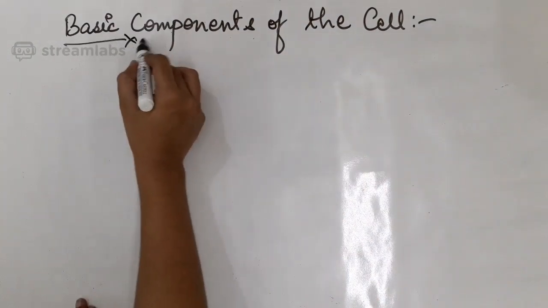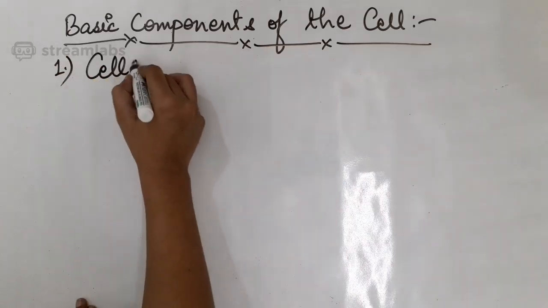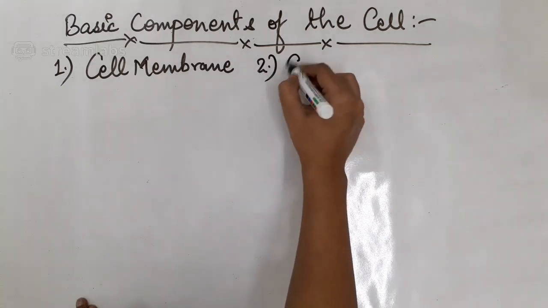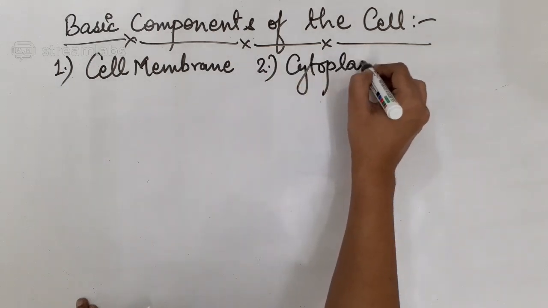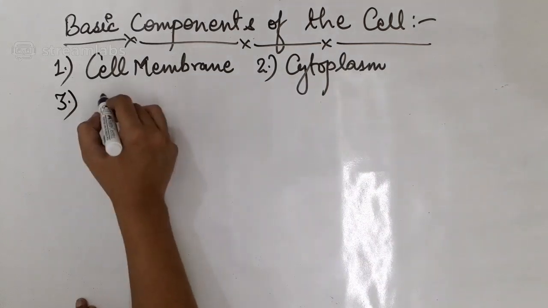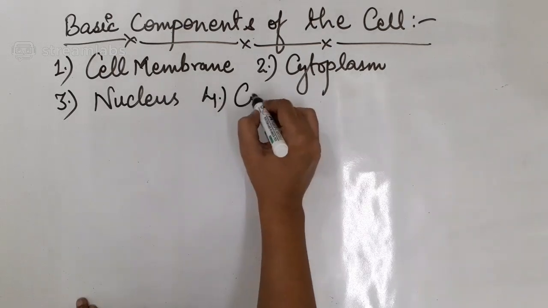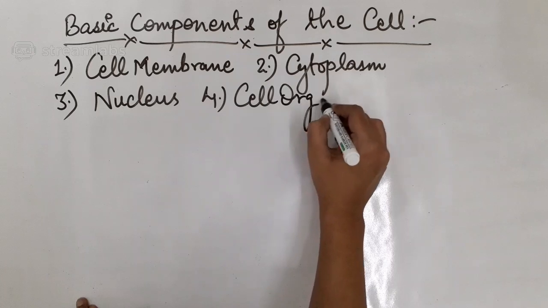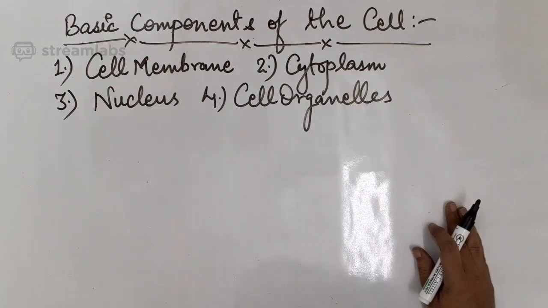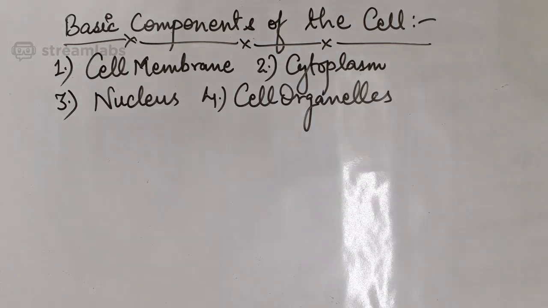These are firstly the cell membrane, second the cytoplasm, third the nucleus, and fourth the cell organelles. Okay. Cell membrane, cytoplasm, nucleus, and cell organelles.